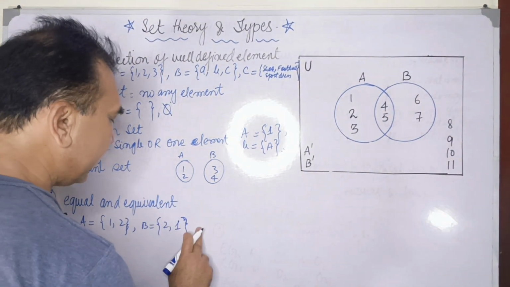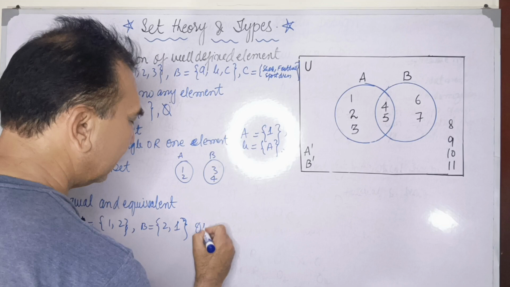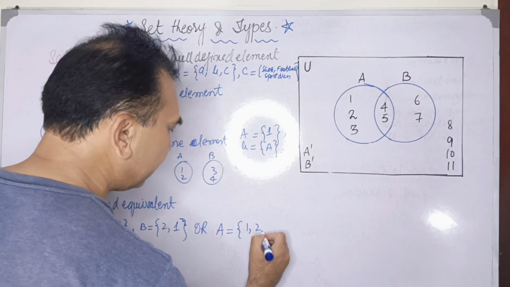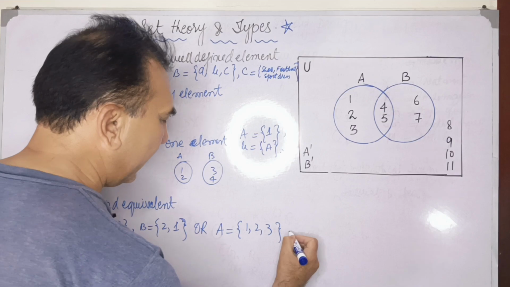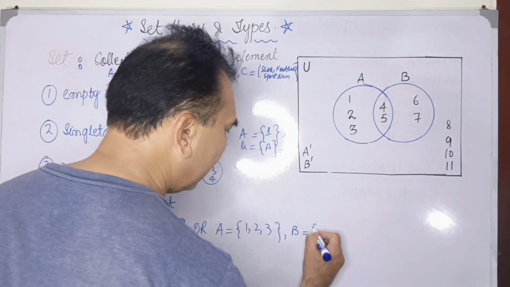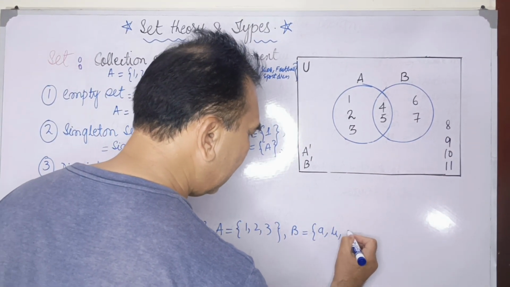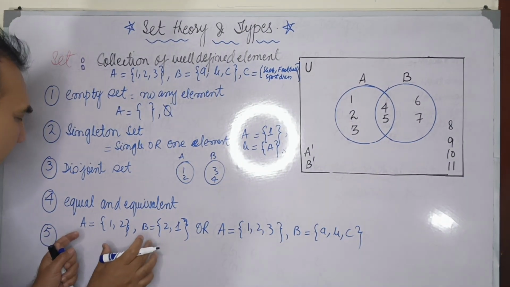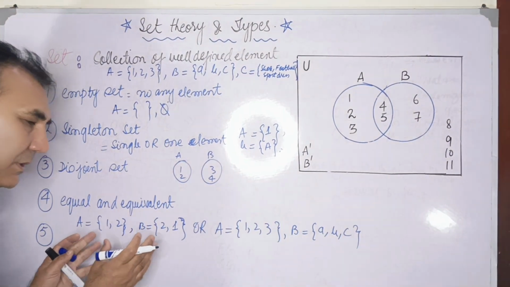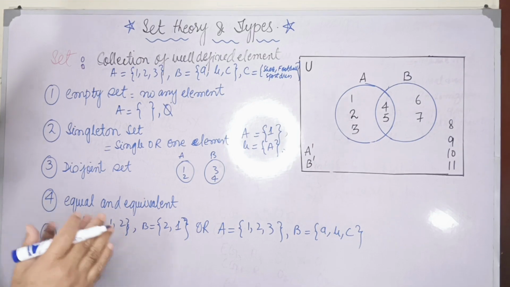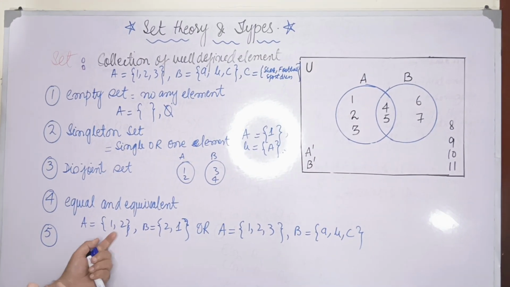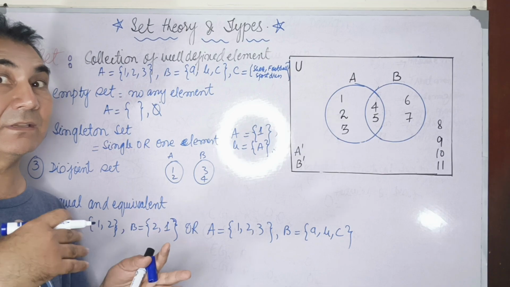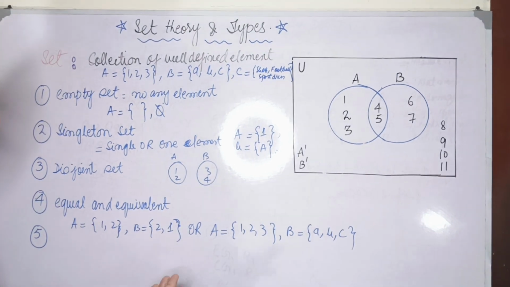Now for the equivalent set: set A is {1, 2, 3}, and set B is {A, B, C}. Now see here, in equal sets the elements in both A and B are the same, though not in the same sequence.